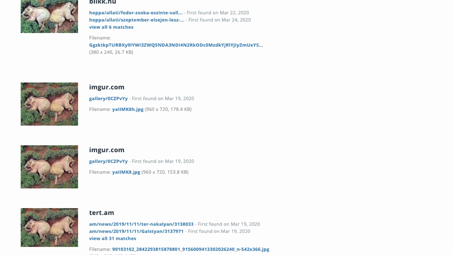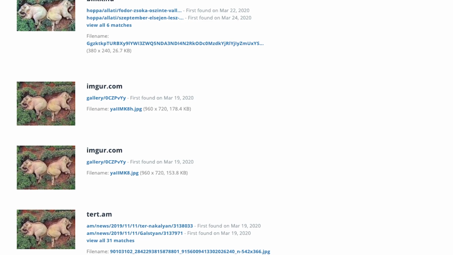So it shows you different sites that image has come out on, and then shows you when those images were posted and what contexts they were posted in. It's not always reliable because crawling imagery on the internet can be inaccurate at best, but it's a good way to get a feel for how long that image has been around and where it's been.